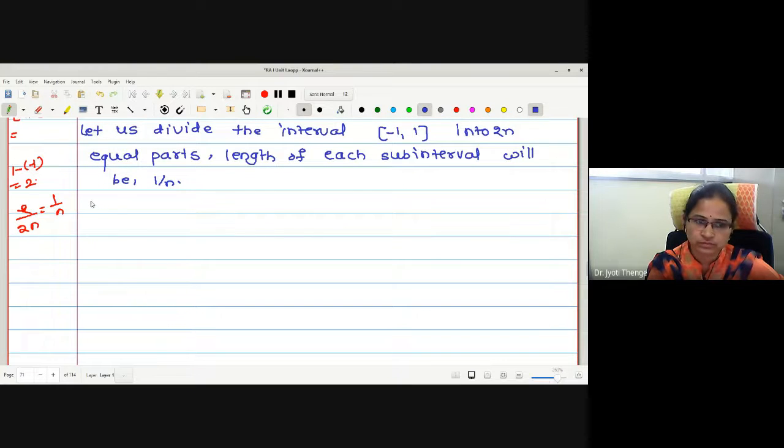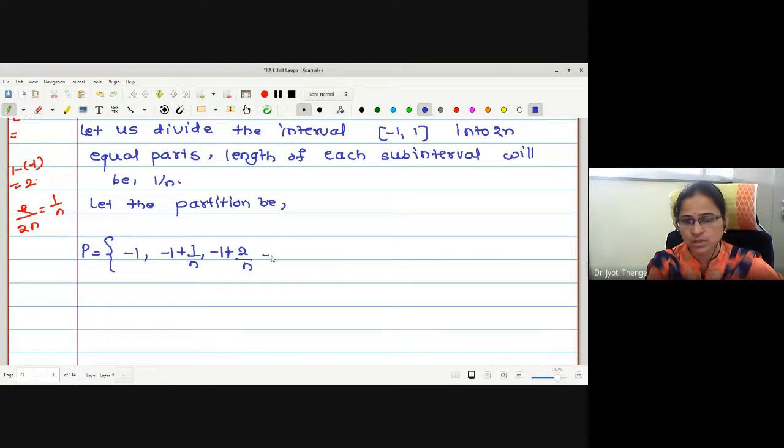Let the partition P be a collection of points. First point minus 1. Next minus 1 plus 1 by n. Minus 1 plus 2 by n. Correct? Somewhere this is 0.